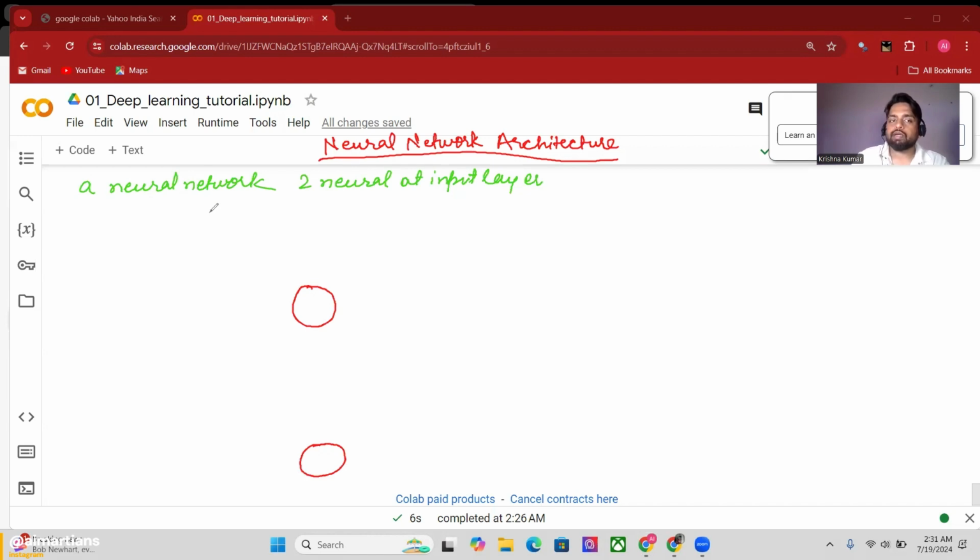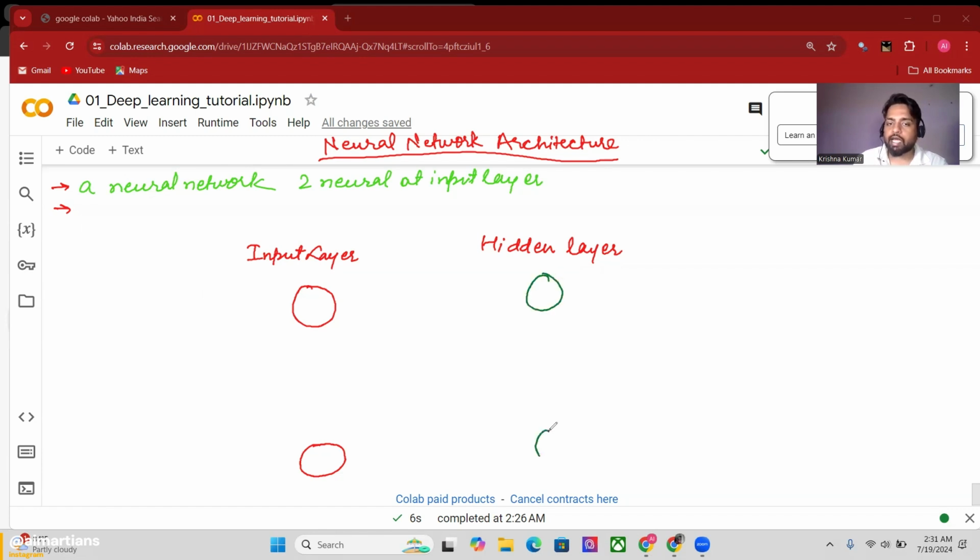Now with this I have to mention some more things. This is called the input layer. Similarly, I have one hidden layer. This is my hidden layer, where again I have two neurons. Let me draw that.